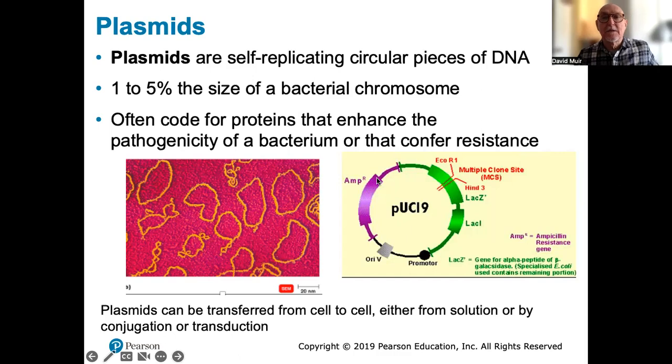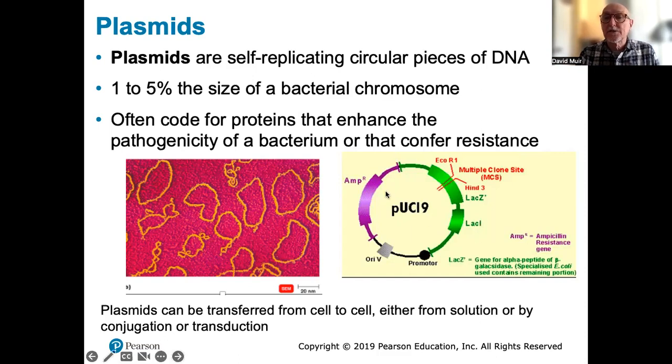Many times, these plasmids contain genes for antibiotic resistance. They may also contain, as we saw for Streptococcus, genes for pathogenicity and various other things. They can confer resistance to heavy metals. All sorts of useful information may be transferred from one bacterium to another by the process of transformation.